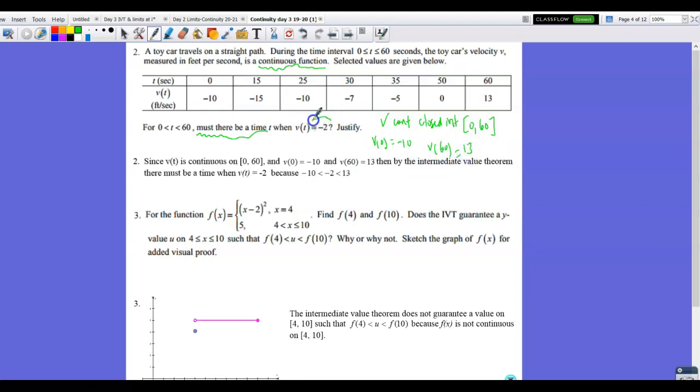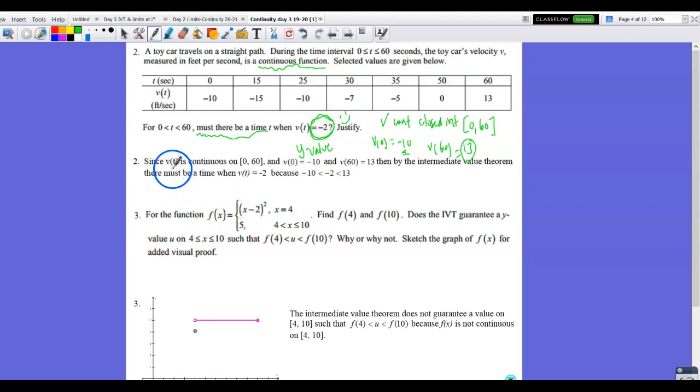Now here is our questionable y value. The y value we're trying to find out is, will we pass through -2? Well, since we have a low y value of -10 and a high y value of 13, to get from -10 to 13, we certainly have to pass through -2. Therefore, the intermediate value theorem says, yes, we will have an x value that produces a y value of -2.